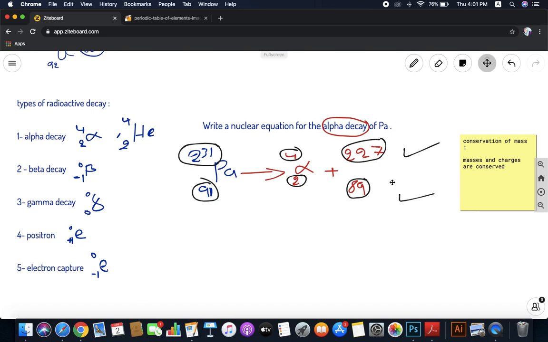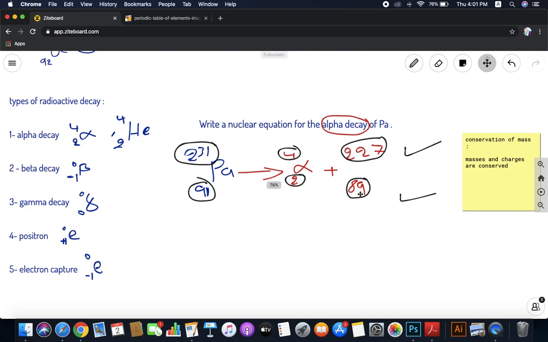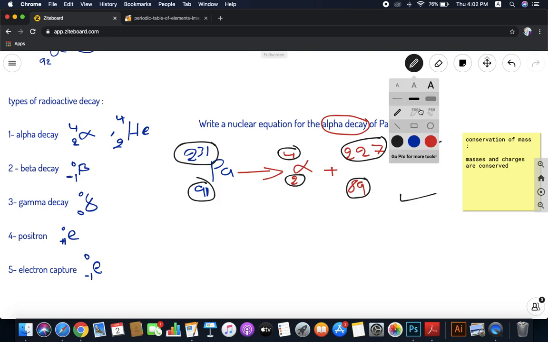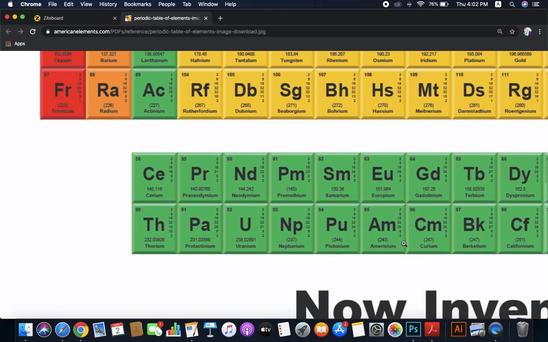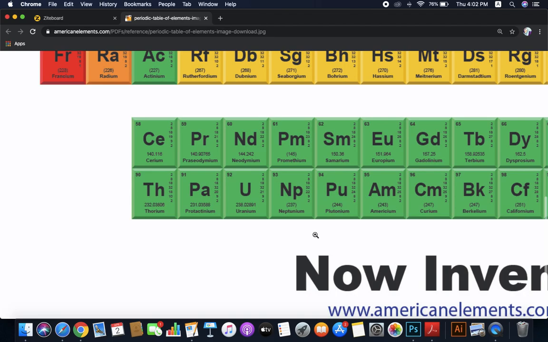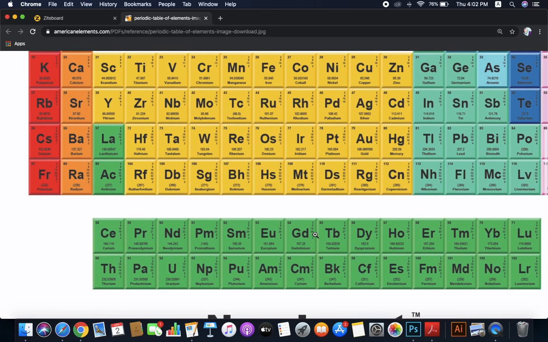Now you have to check the periodic table to find an atom with 89 protons. This is what I will look for. Where's 89? It's here.